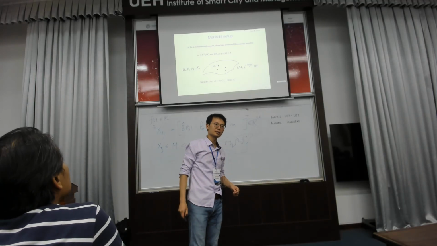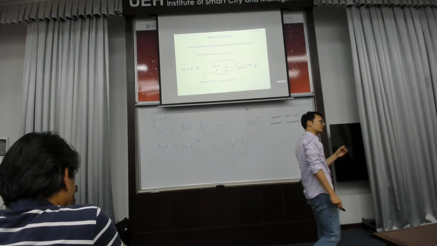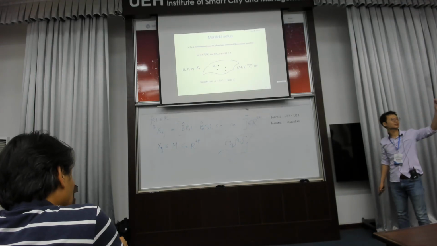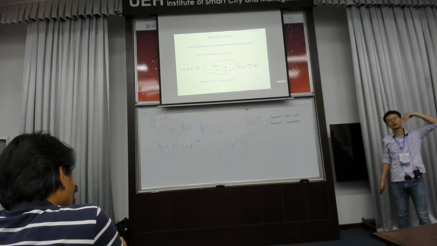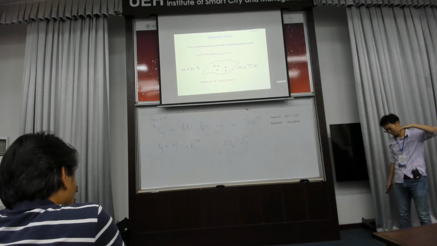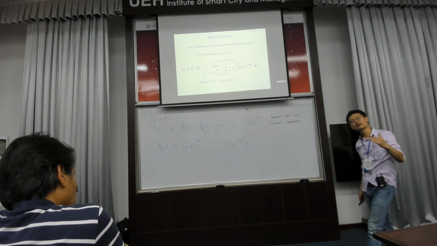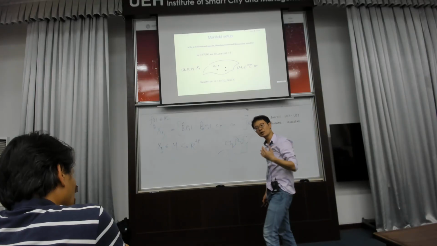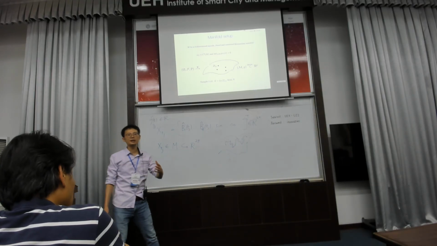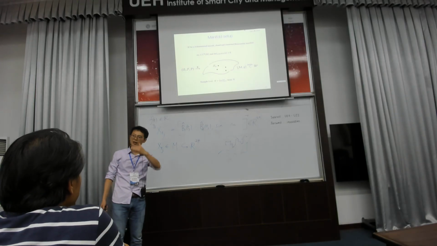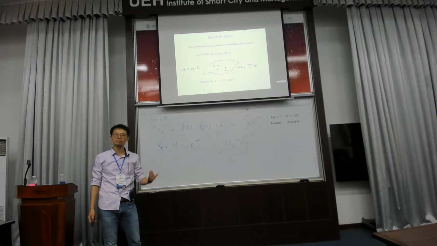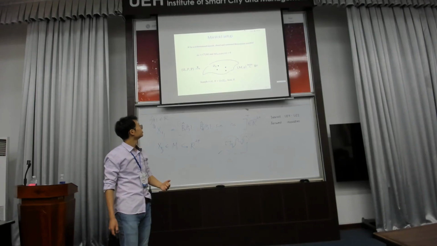Remember I told you if you have a set of high-dimensional data, you need to connect them, right? After connecting them, you construct an affinity graph, a graph Laplacian, and from the affinity graph, you can construct a random walk on the graph. From the random walk, you can construct the diffusion map. And the diffusion map comes from the eigendecomposition of the graph Laplacian.